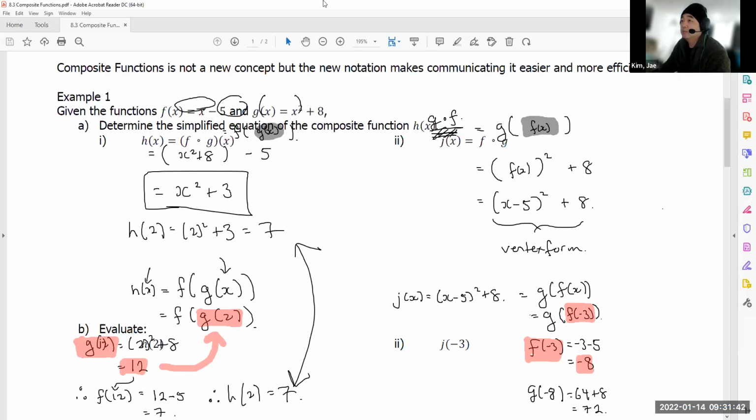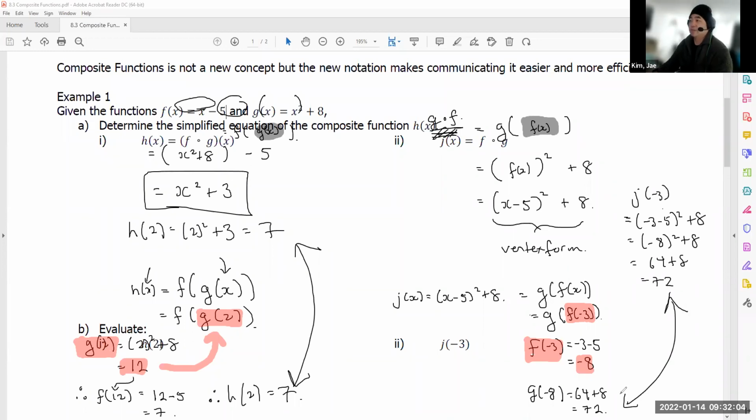In the same way, j of -3 is the same as -3 minus 5 squared plus 8, which is -8 squared plus 8, which is 64 plus 8, which is 72. And these two agree.